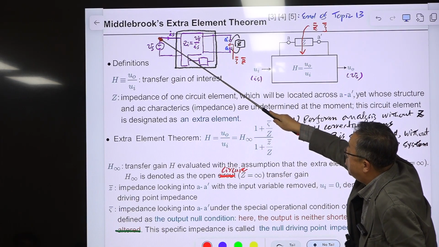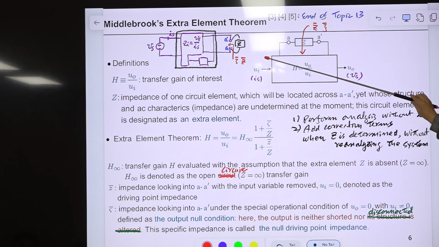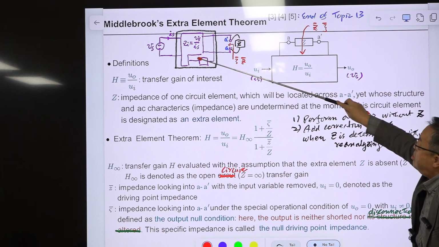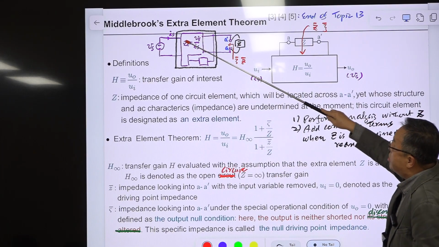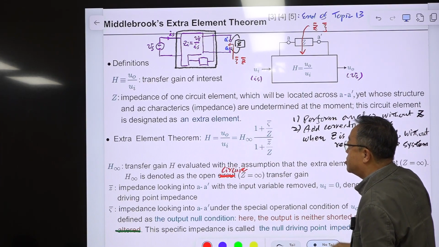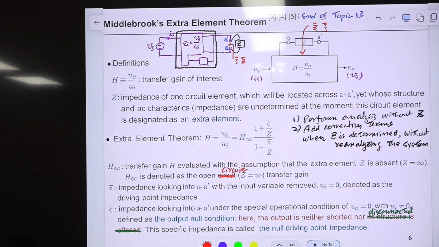Vs is 0. So this is the output impedance evaluated with the input shorted. This is the regular output impedance. When we are evaluating output impedance, we always assume the input is shorted because of the superposition principle. So this is very natural. But in terms of this terminal load, this simple output impedance evaluated with this shorted is called the null driving point impedance.